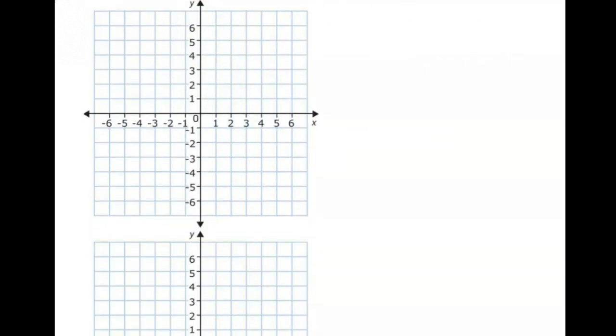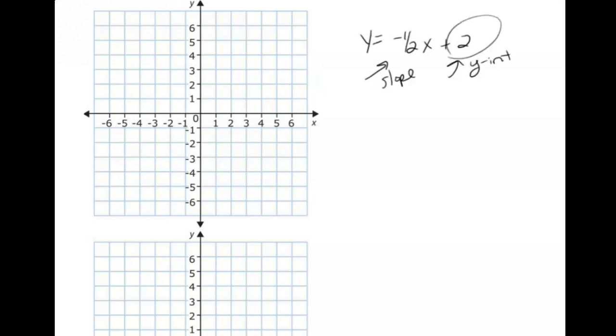Let's go again. The next one was y equals negative 1/2 x plus 2. This is why it's super important that you know that this is the slope, the m is the slope, and the b is the y-intercept, because all the time my students start at the wrong number. But because we need to start at the y-intercept, I'm going to graph him first, right here.